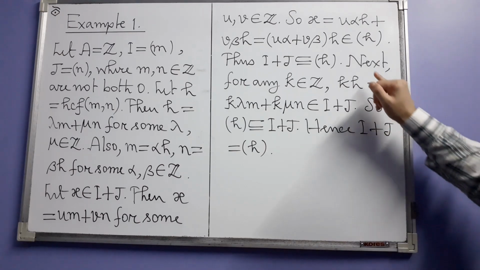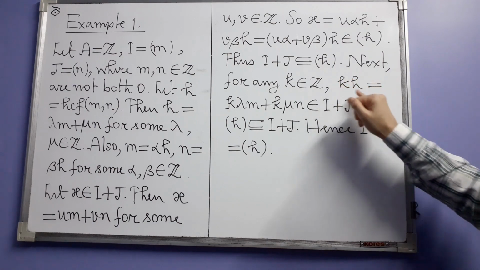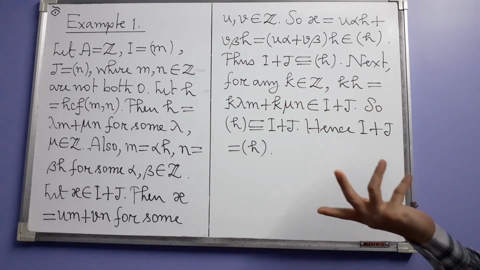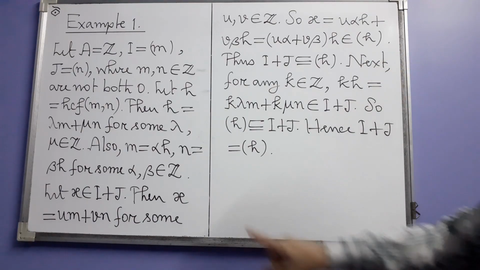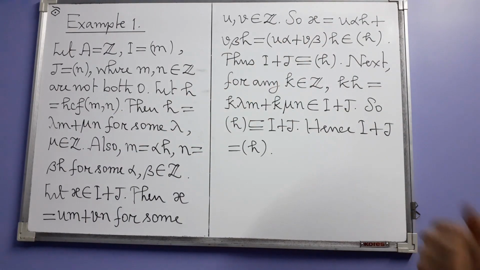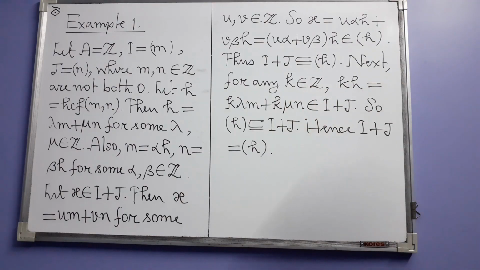So for that we take any element in this principal ideal. That will be some multiple of h by some integer, say we consider k times h. Now we use this linear combination of m and n. So in place of h we write lambda m plus mu n.